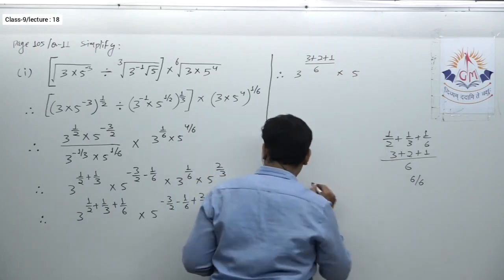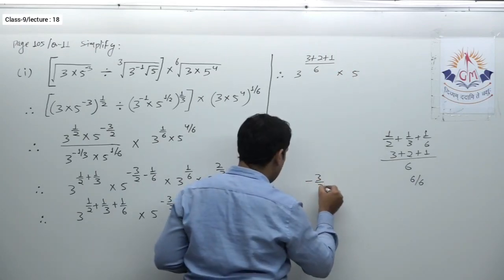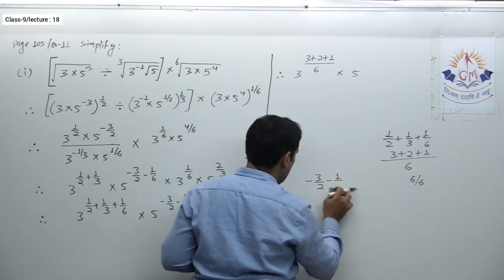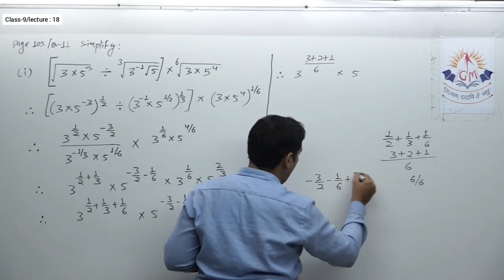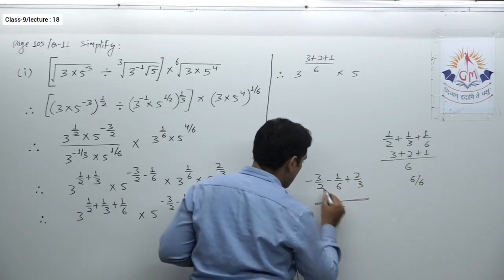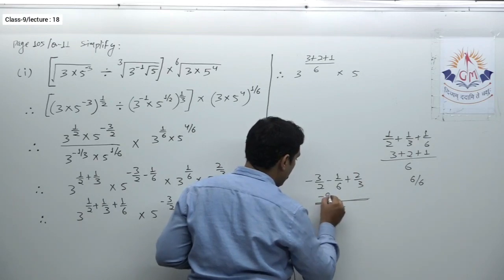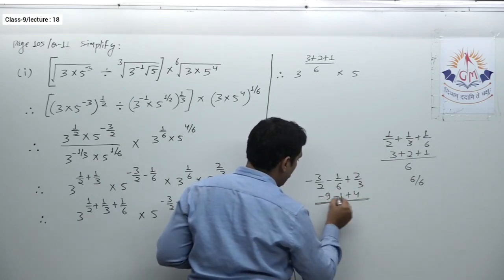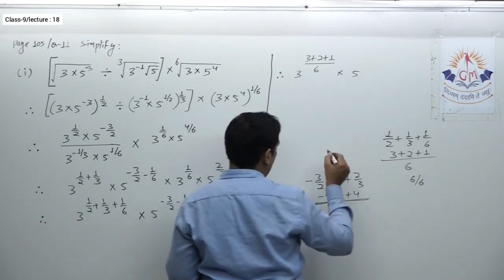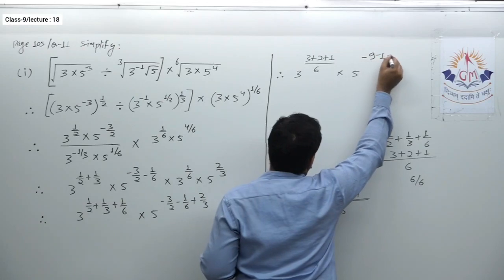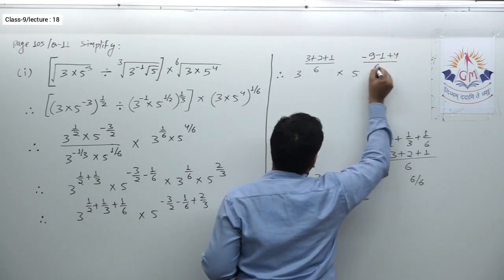Now if I solve this separately, this is minus 3 by 2 minus 1 by 6 plus 2 by 3. Again here LCM will be 6. 2 3s are 6, so minus 9, minus 1 plus 4. So 5 raised to minus 9 minus 1 plus 4 upon 6.